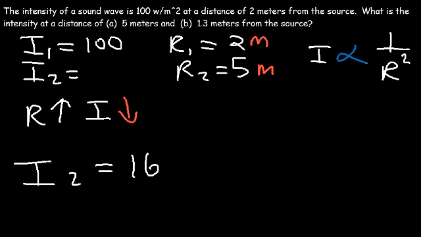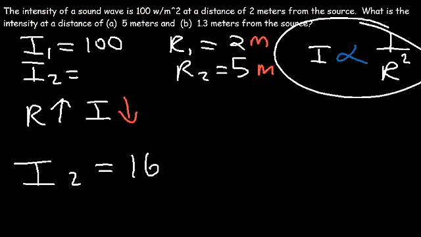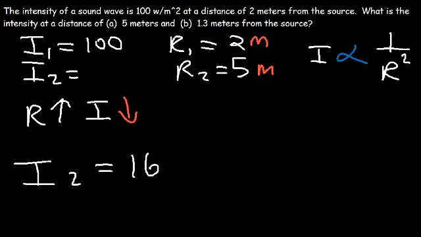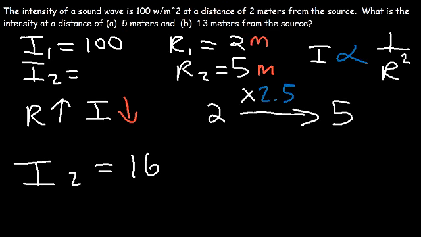Another way in which you can get the answer is by using the inverse square law. So notice that the distance increased from 2 to 5. If you take 5 and divide it by 2, you're going to get 2.5. So the distance increased by a factor of 2.5.